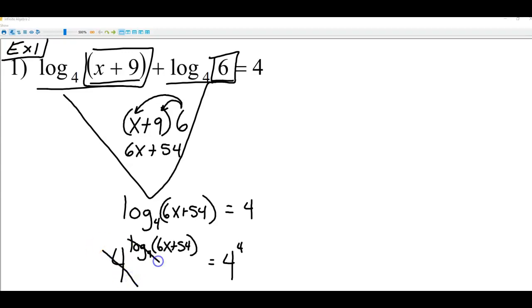These things cancel out, leaving me just with 6x plus 54. On this side, 4 to the 4th power, I think it's 256. And then from there, I think you know we're just going to solve.